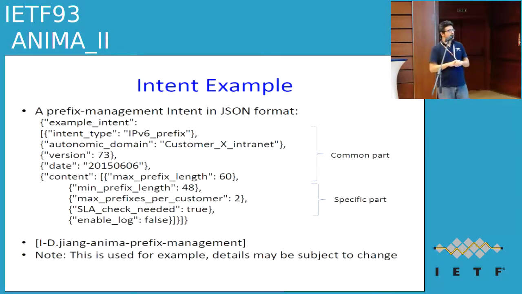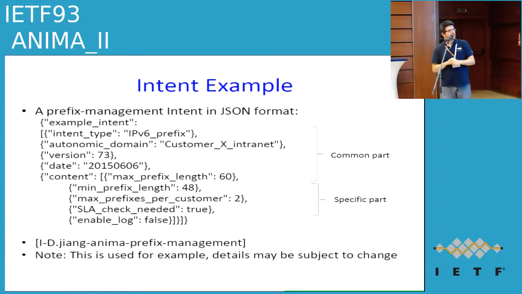And in the lower part of the figure, we have the content, which is the information specific to describe the behavior that is expected from the network. So as Brian said before, this is not a final version of the format that you are expecting to provide in the draft. So these details may be subject to change.